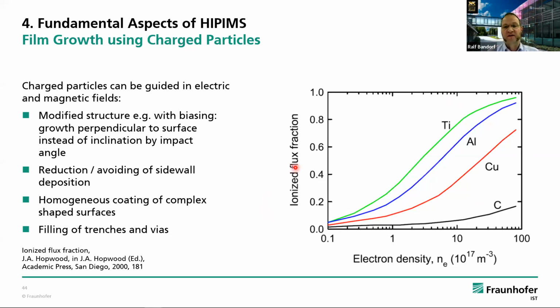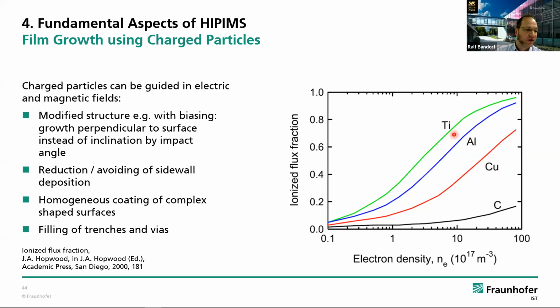Of course, the ionization depends on the material you're looking into. Carbon has a quite low sputter yield, and also a low probability for ionization, so you need a lot of energy for ionization. But there are other elements where you can create a significantly higher fraction of ionized flux.